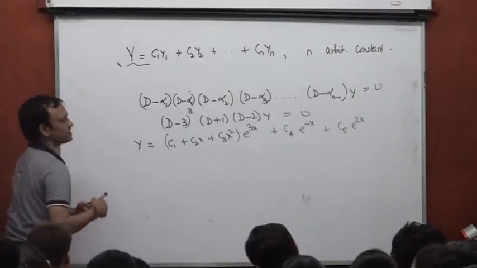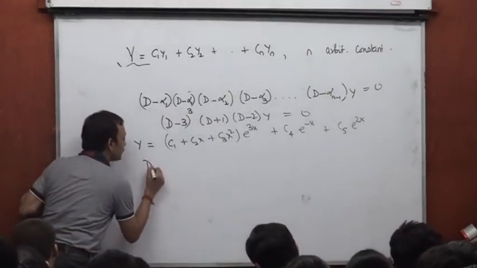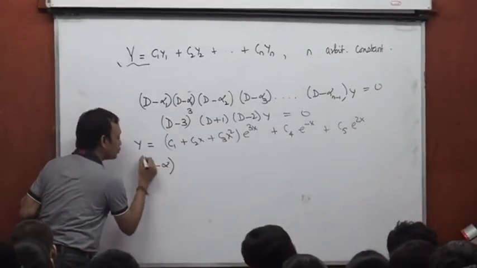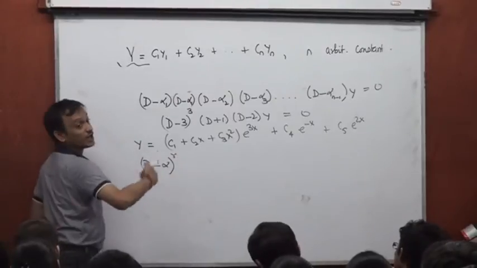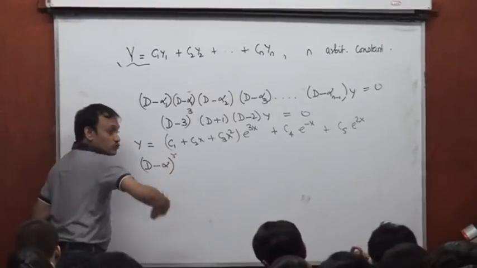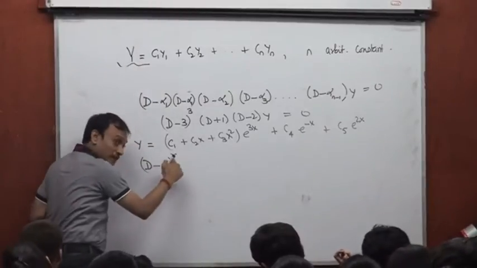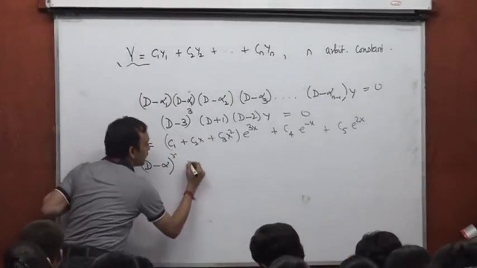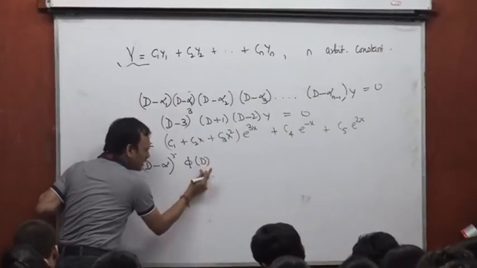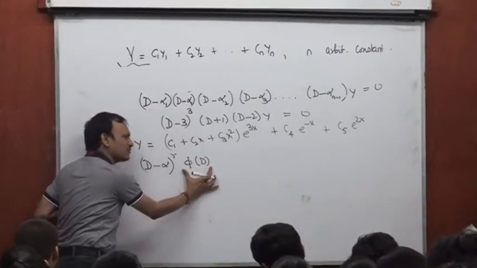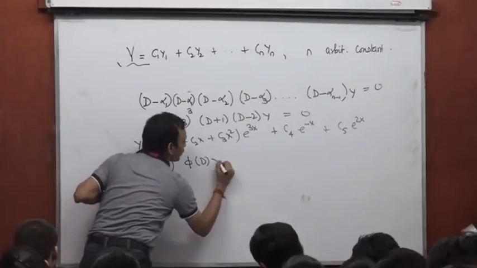A generalization is, suppose we had α, a root which was repeated r times. Earlier it was repeated 3 times, and now repeated r times, and a set of other factors, (D − α2), (D − α3), etc., acting on y equal to 0.